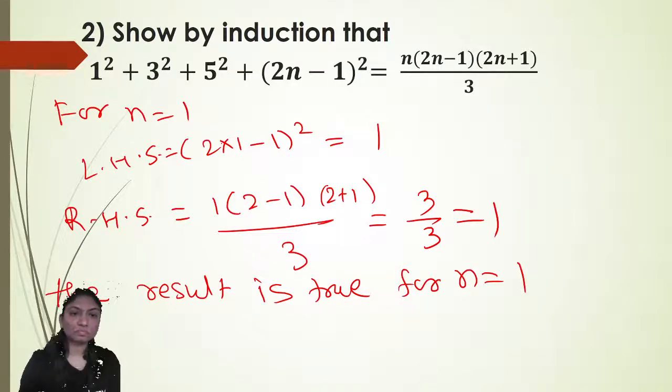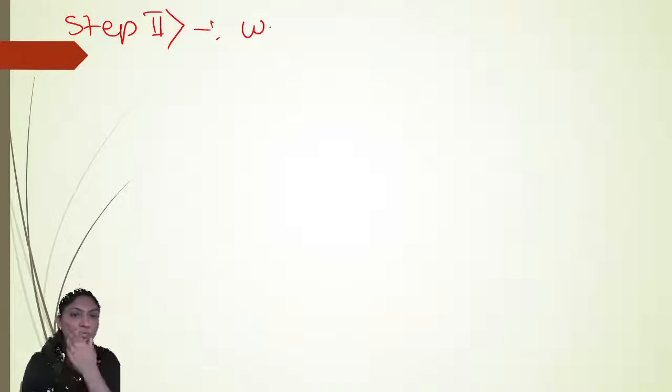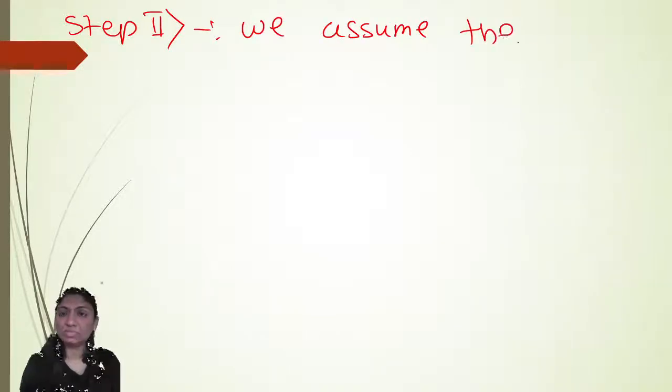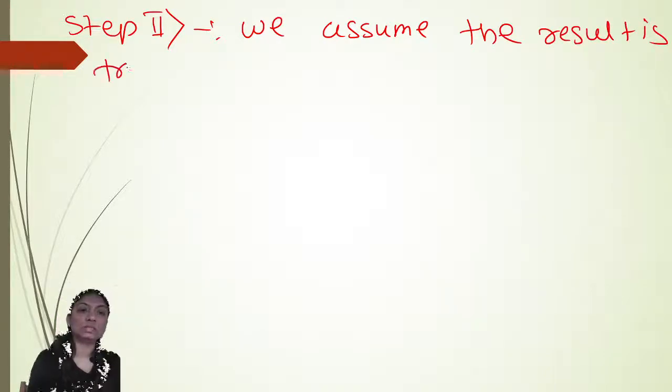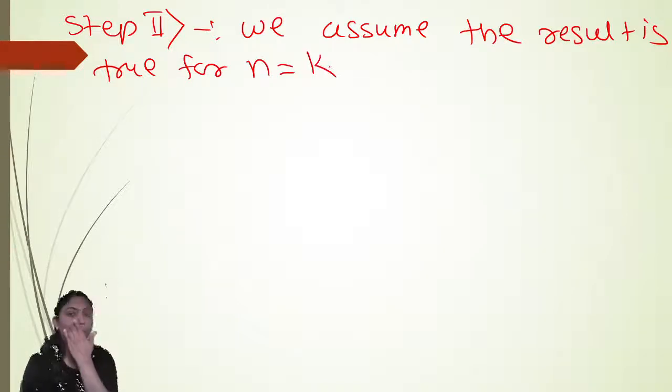Now, we assume that the result is true for n is equal to k. Step 2, we assume the result is true for n is equal to k.